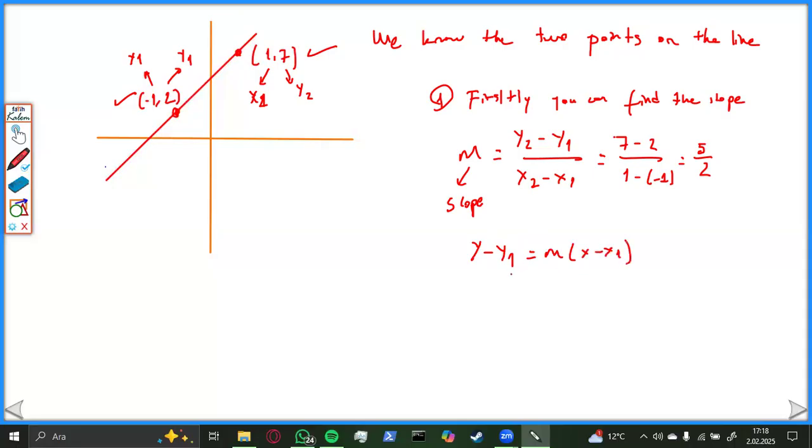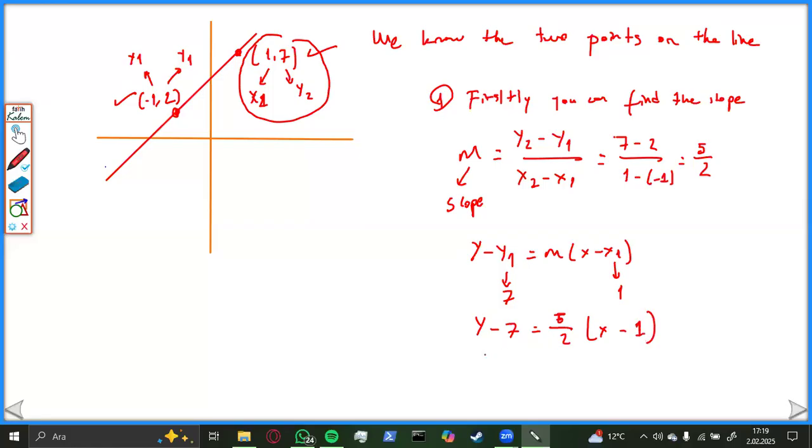Again, it's up to you. Choose a point, and I'd better choose this one. So rather than y1, you can use 7, and rather than x1, you can use 1. So y minus 7 is 5 over 2 times x minus 1.